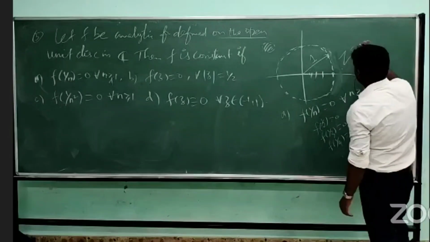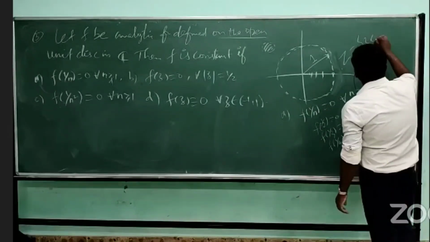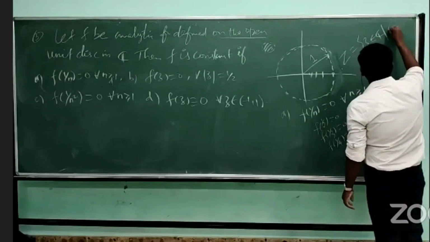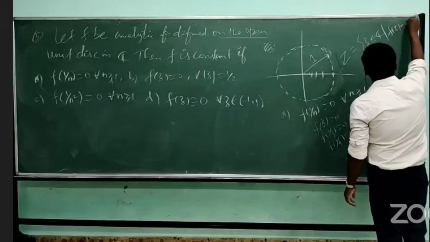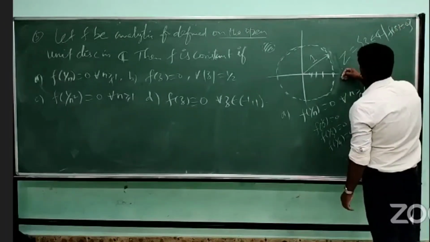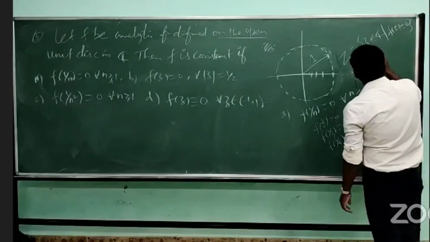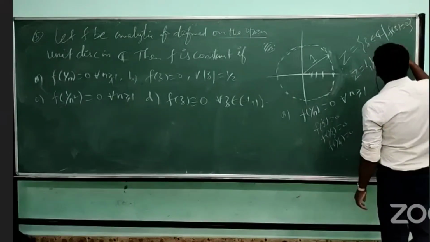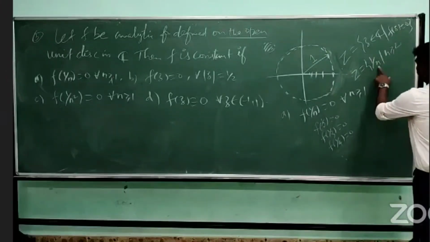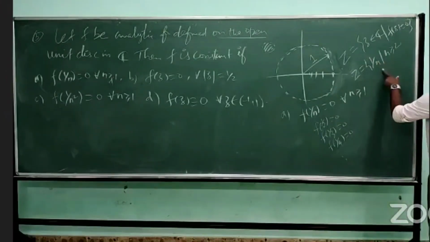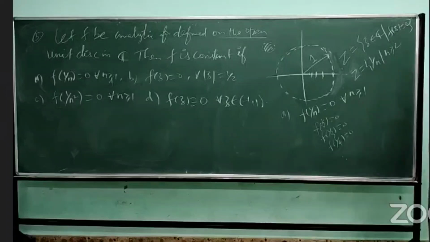I call the zero set the set of all z in C such that f of z equals 0. Now your zero set is given: 1 by n such that n is greater than or equal to 2. 1 by 2, 0. 1 by 3, 0. 1 by 4, 0. 1 by 5, 0, all those things. Now, what is your conclusion?